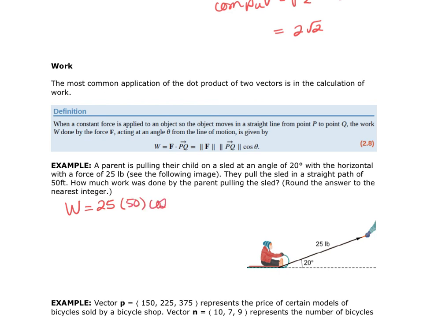And then the cosine of the angle, which is 20. So my answer is approximately 1175 pound-foot. That's it. Not too bad. Like I said, this stuff isn't that bad.